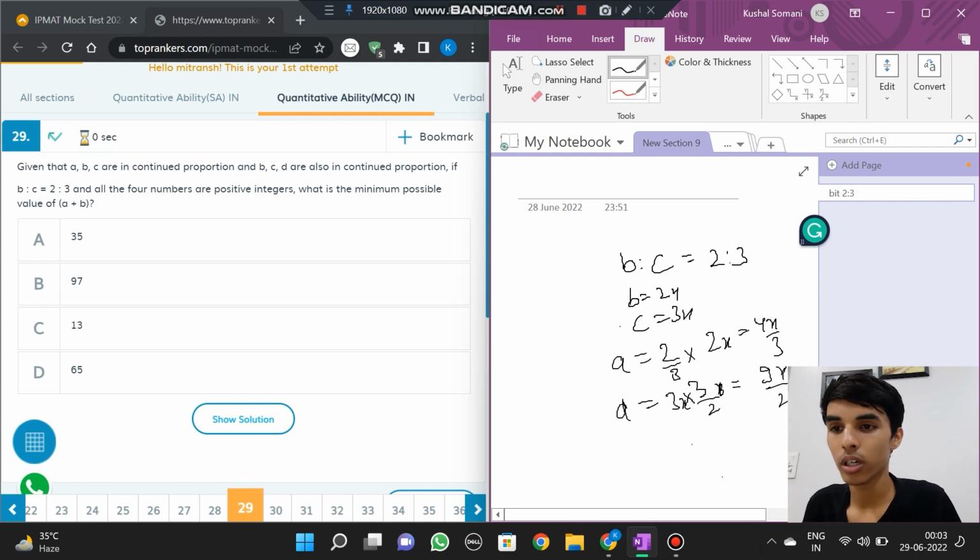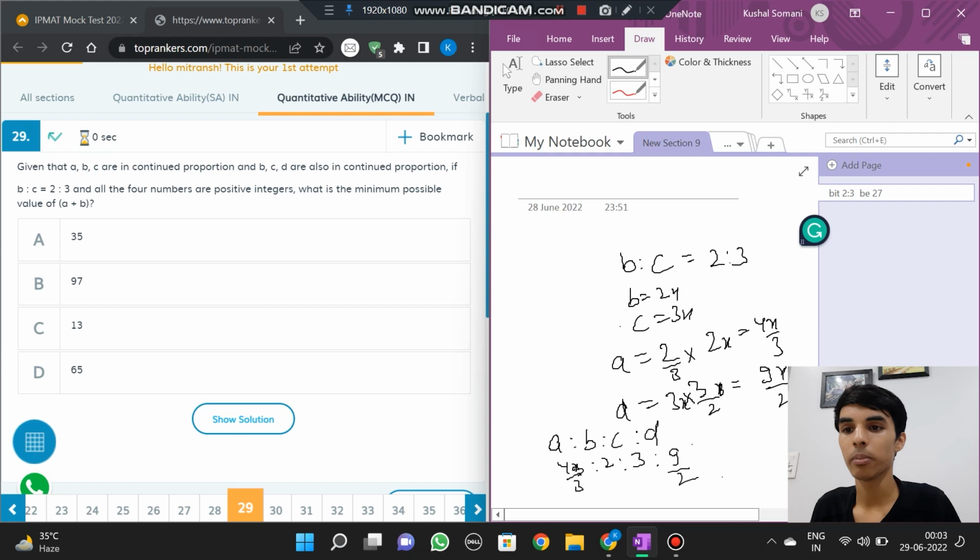So now their common proportion will be A is to B is to C is to D is nothing but 4x by 3, 2x, 3x, and 9x by 2.